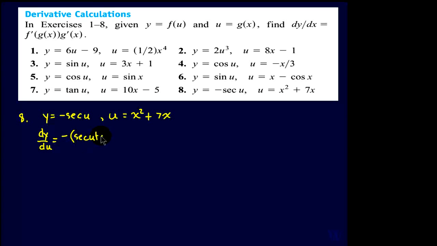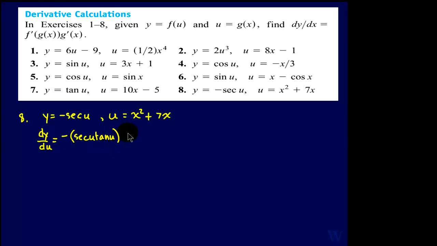Secant u tangent u. Now here we're looking at our function u with respect to x. The derivative of u with respect to x is just 2x plus 7.